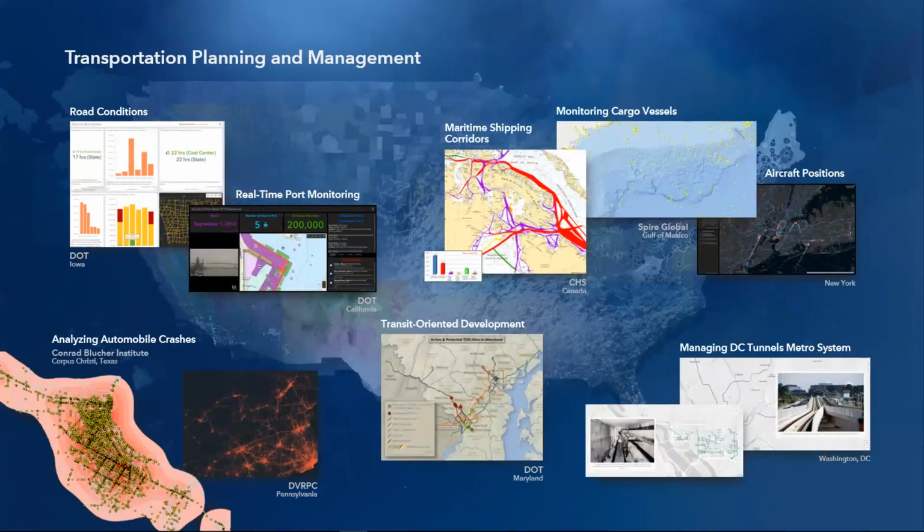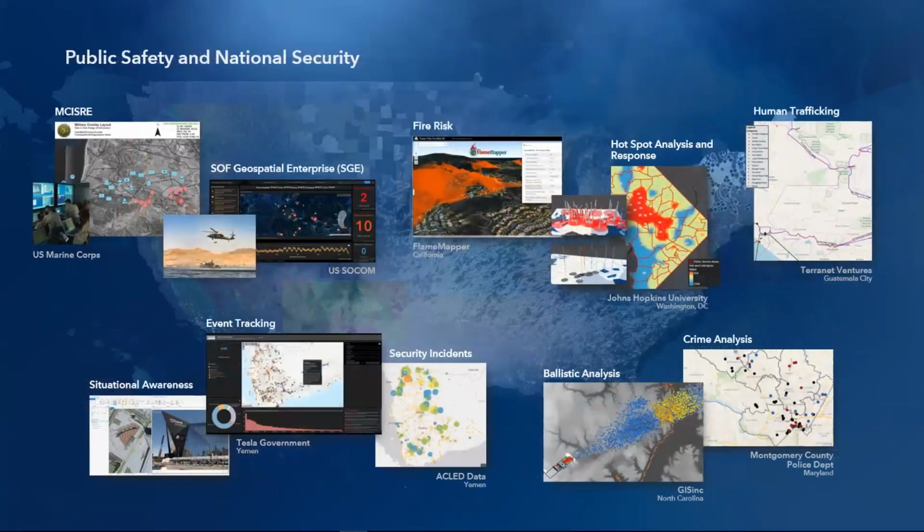In other areas, for example, transportation planning and management. Here are examples of the use of ArcGIS for transportation type applications, including the monitoring of things like cargo vessels. Then in public safety and national security, for things like fire risk management or event tracking, and things like crime analysis and human trafficking.